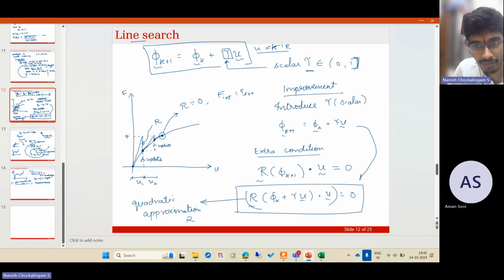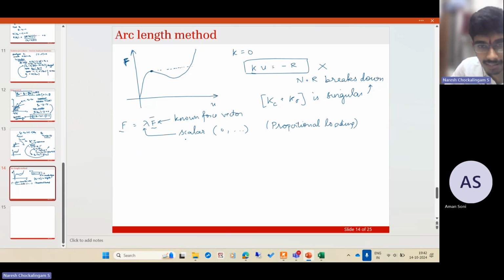Inside the Newton-Raphson, we needed an additional condition to solve for this. Similarly, in the arc length method, there's an additional scalar lambda, and we want some constraint for getting this lambda uniquely, right? This is also going to be determined by the method in every iteration.